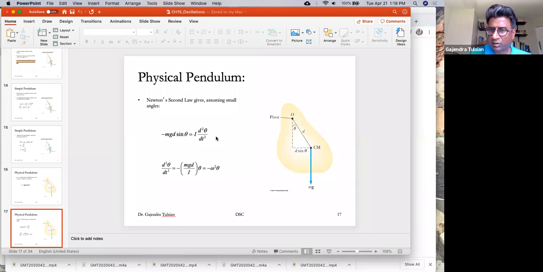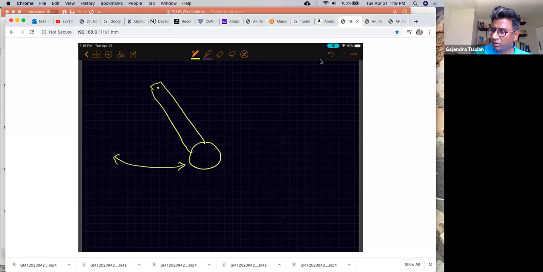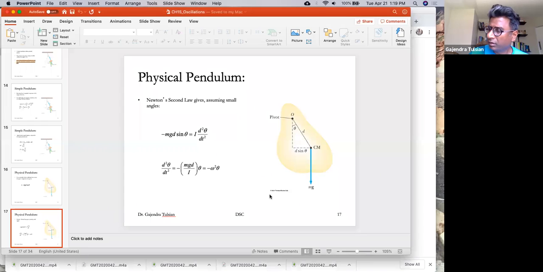So going back to this slide, this is theta as a function of time. The differential equation governing theta as a function of time is d squared theta by dt squared plus mgd over I times theta of t equal to 0.